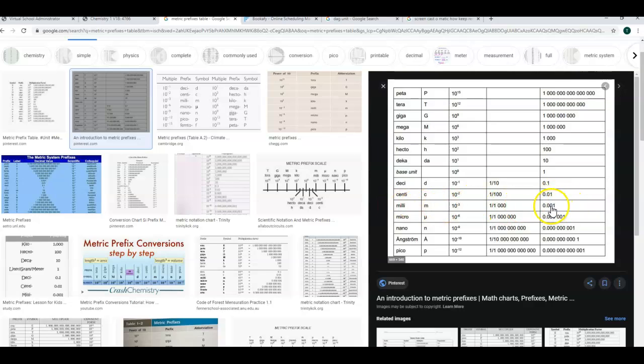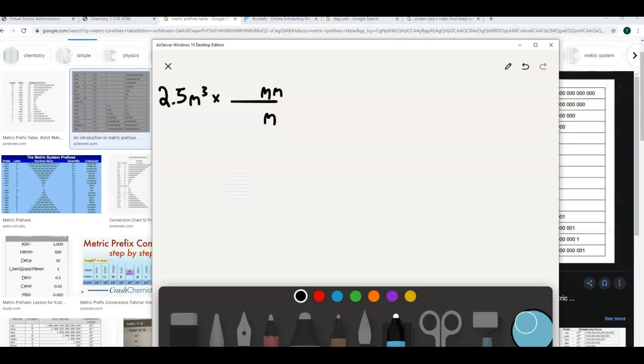Millimeter is 0.001. So this is telling me that there are 0.001 meters in 1 millimeter.